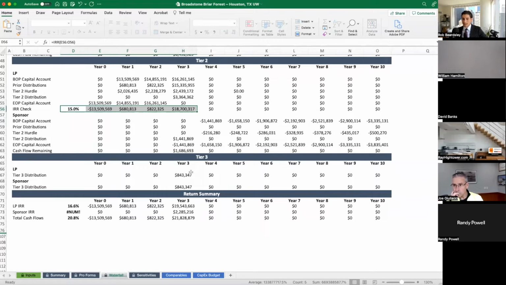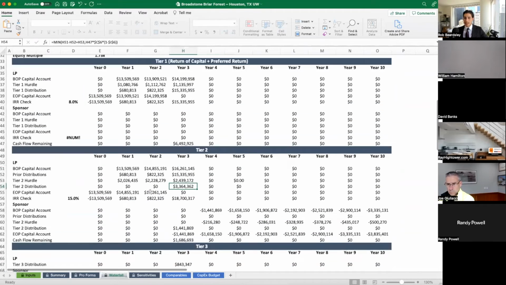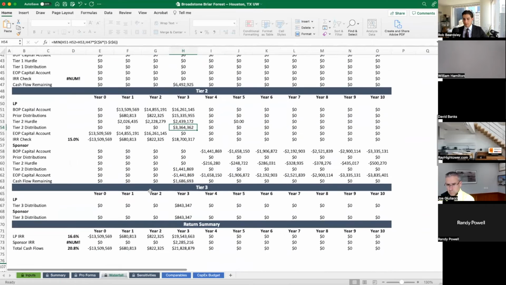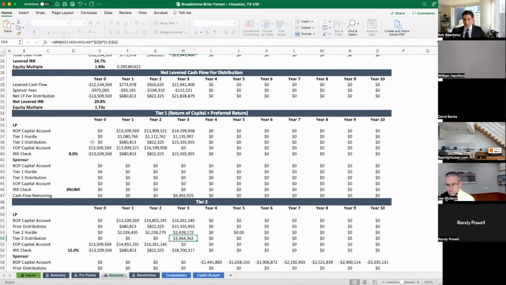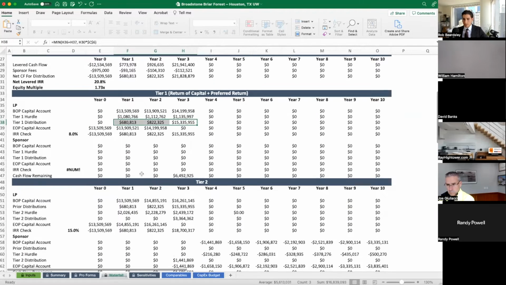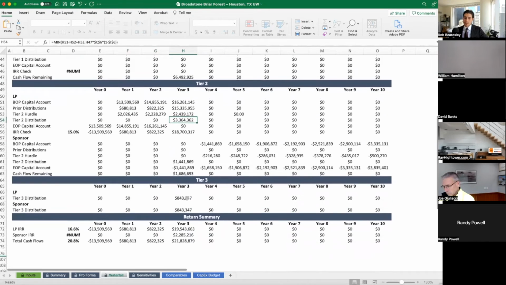And there you have it. That is walking through the waterfall. And just to wrap it all up, the LP IRR is a combination of what is distributed in tier 1, which is here, plus what is distributed in tier 2, which is this, plus what is distributed in tier 3.